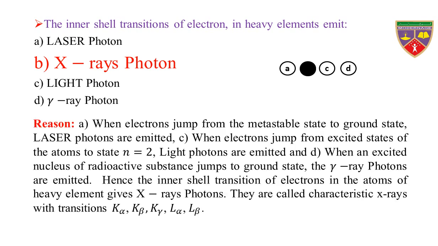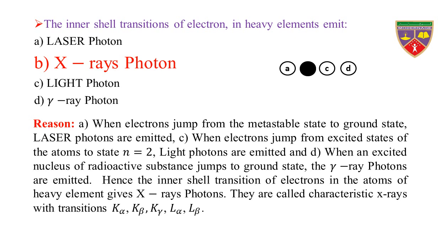Reason: A. When electrons jump from the metastable state to ground state, laser photons are emitted. C. When electrons jump from excited states of the atoms to state n equal to 2, light photons are emitted. And D. When an excited nucleus of a radioactive substance jumps to ground state, gamma ray photons are emitted.